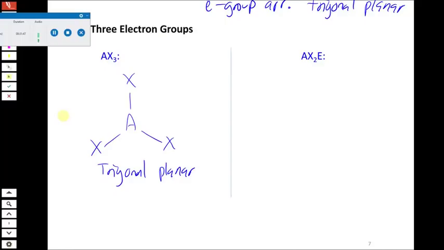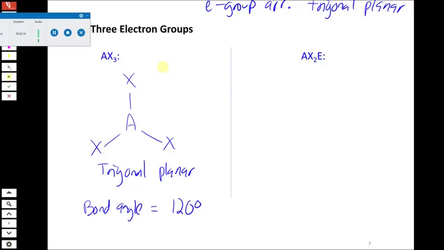That electron group arrangement also describes the molecular geometry. And the bond angles in this case, if you remember from high school geometry class, are going to be 120 degrees. Because if we go around, there's going to be 3 bond angles in this molecule, this X to that X, to that X, that X back to the first one. That whole thing is 360, so each one is 120. So 120 degree bond angles when you have 3 electron groups.